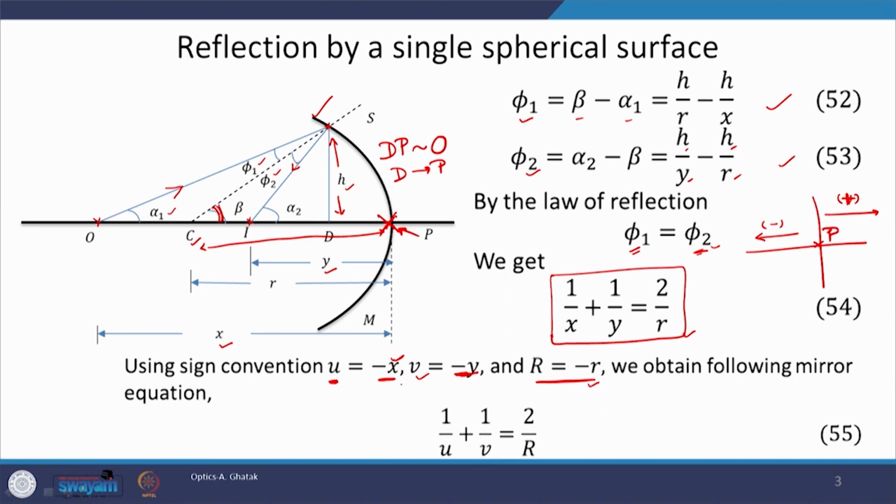Now, substituting this back into the earlier equation, we end up with the relation 1 by u plus 1 by v is equal to 2 by capital R. This expression is called the mirror equation.